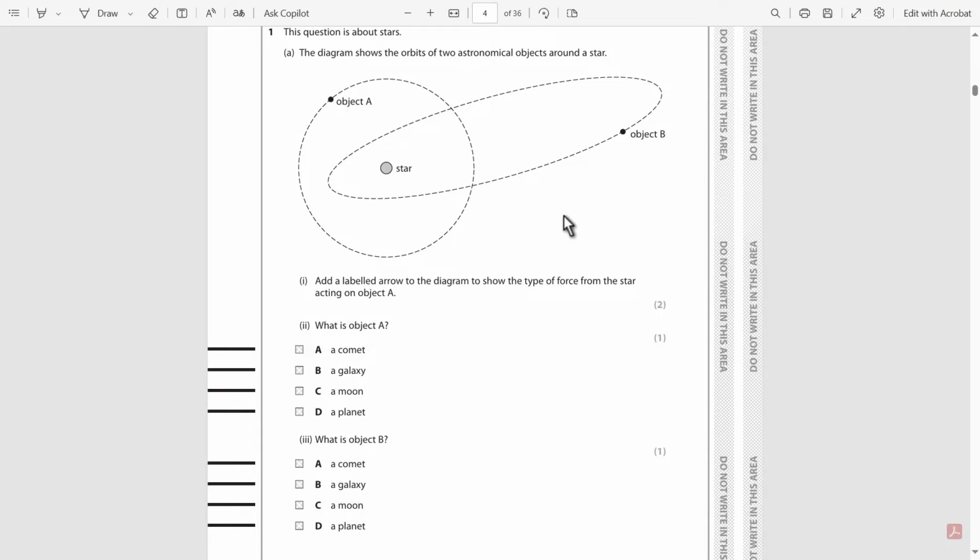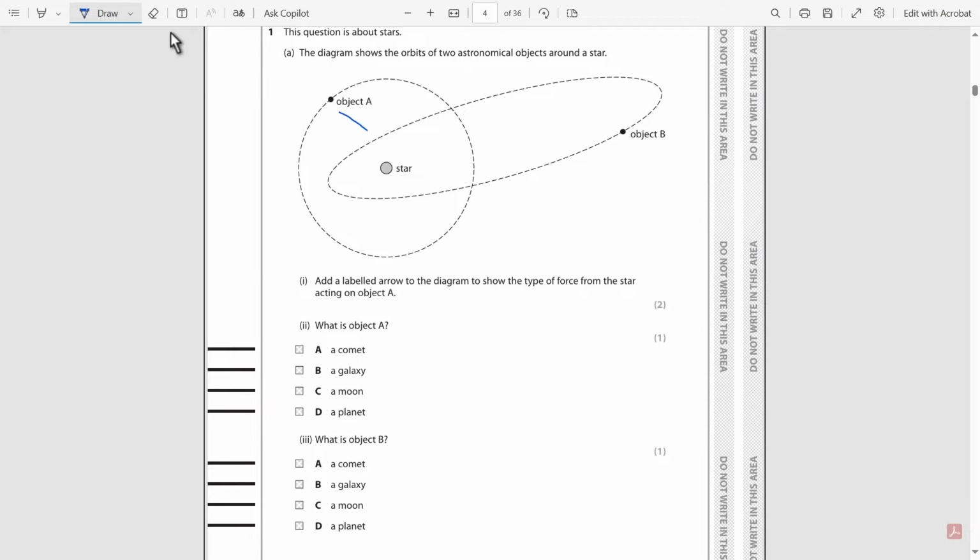Okay, this question is about stars. Add a labeled arrow to the diagram to show which type of force from the star is acting on object A. We know that the star has a mass, and everything that has a mass exerts gravity, a centripetal force called gravity.